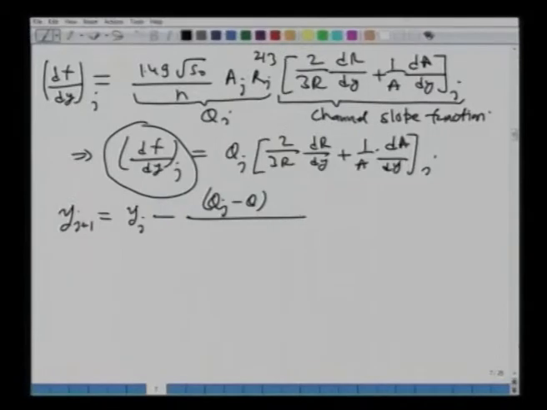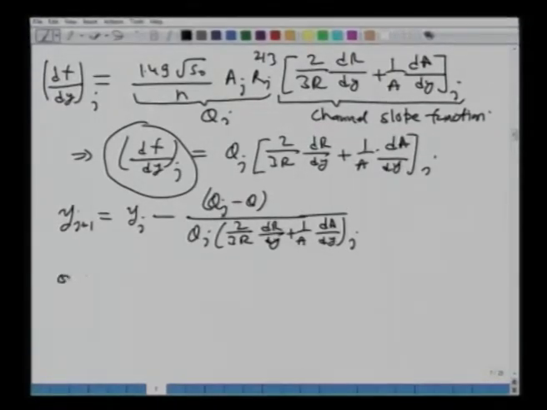What is f prime? It is Qj, as we just derived, multiplied by the channel slope function, 2 by 3 r dr dy plus 1 over A dA dy, evaluated at the jth iteration.